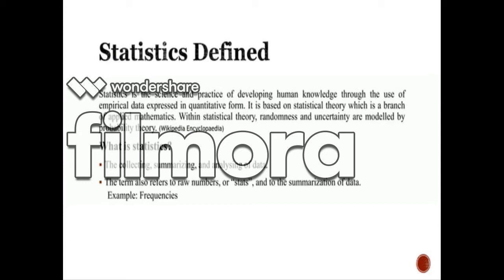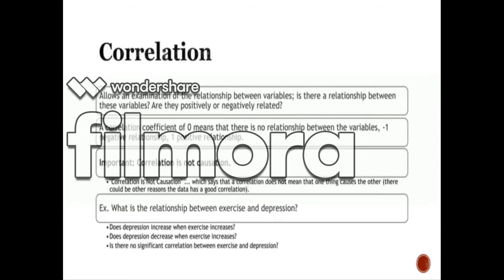So this is what statistics is for. It is used for collecting, summarizing, and analyzing of data. So the term also refers to raw numbers or stats and to the summarization of data. So example, the frequencies that we just discussed a while ago.